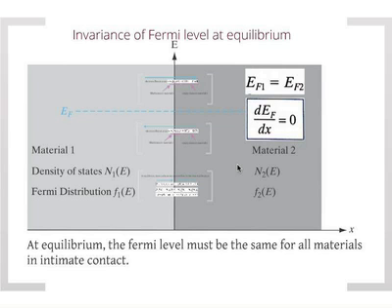For energy levels above that, the probability of occupation is lower than 50%. Below the Fermi level, the probability of occupation is higher than 50%. That's basically it. And it has to do with the Fermi-Dirac statistics we saw before. So let's see what this means, the invariance.